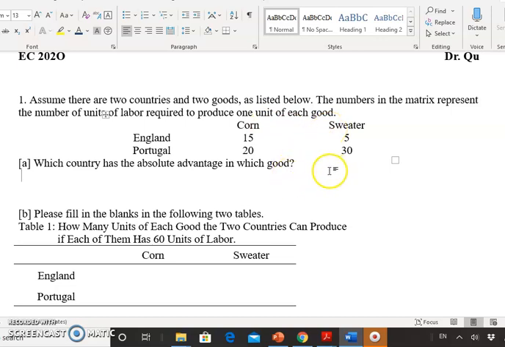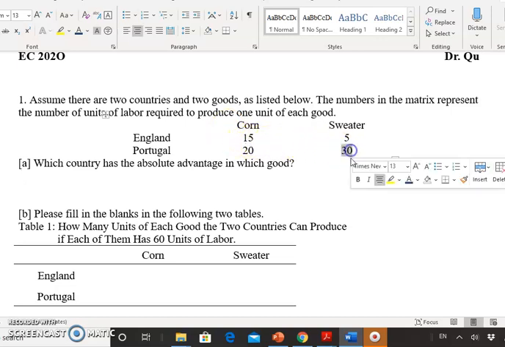Now, for example, 15 means England needs to spend 15 units of labor in producing 1 unit of corn, and 30, another example, means Portugal would spend 30 units of labor producing 1 sweater.